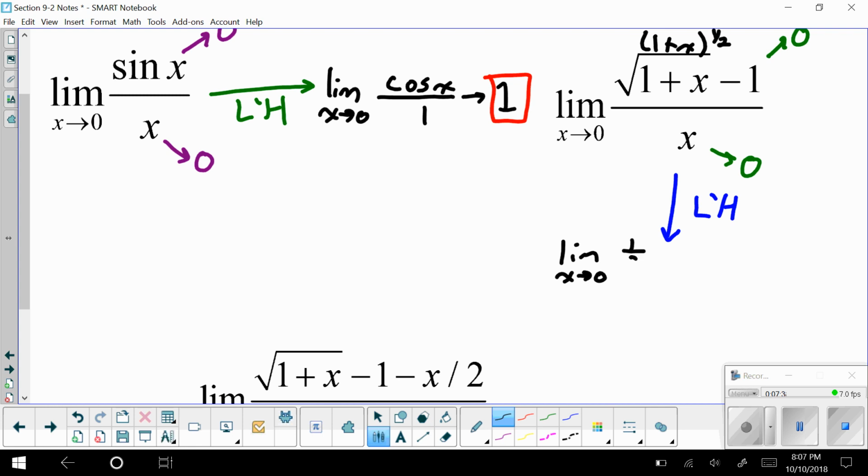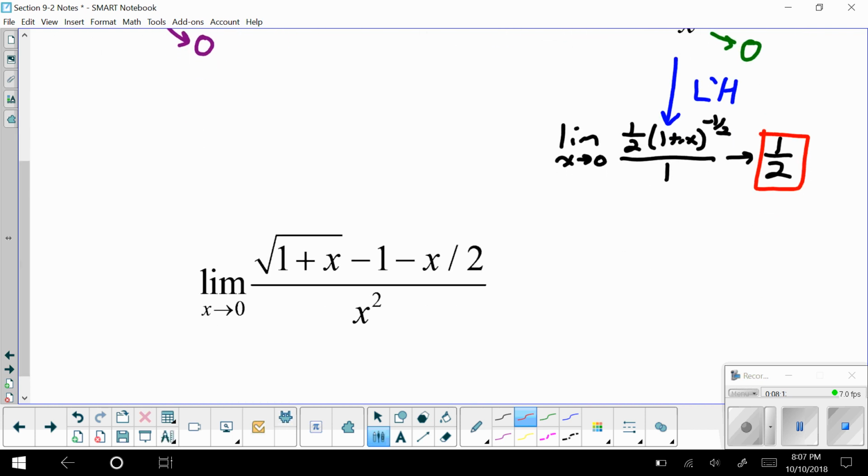Remember to watch your chain rule there, so derivative of the outside times derivative of the inside, which is just 1, minus the derivative of 1, which is 0, all over the derivative of x, which is 1. And I'm going to try to go ahead and do substitution again now. So if I plug 0 in for x, I get 1 to the negative 1/2, which is just going to be 1 times 1/2, which gives me 1/2. And there's our derivative.